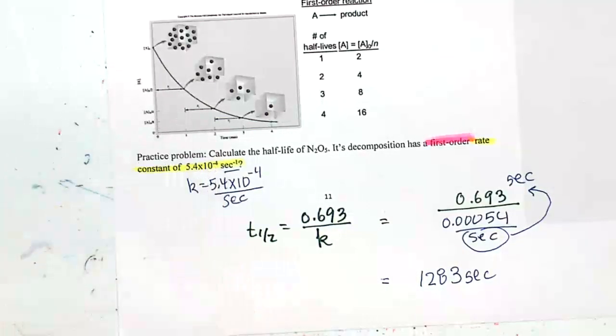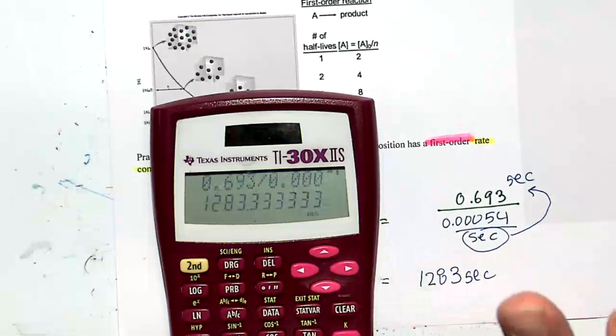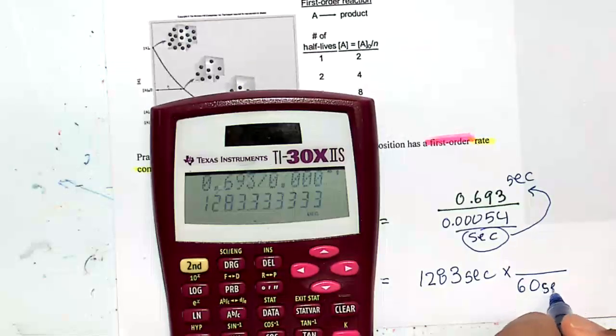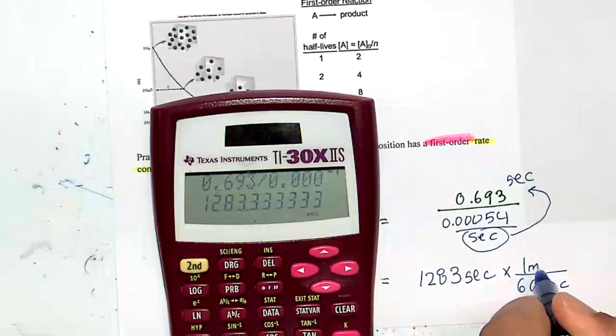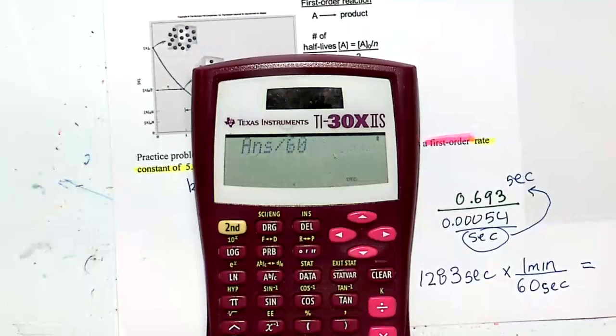1,283 seconds. Actually, if you take this and divide it by 60, you don't have to do this on the test, but 1 minute is 60 seconds, so you get it in minutes. So about 21.4 minutes.